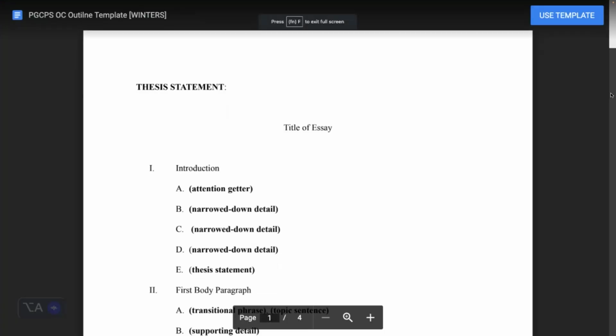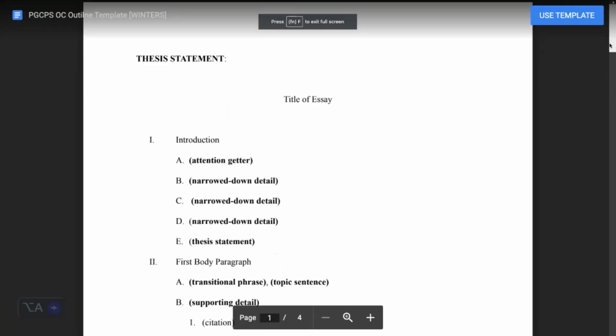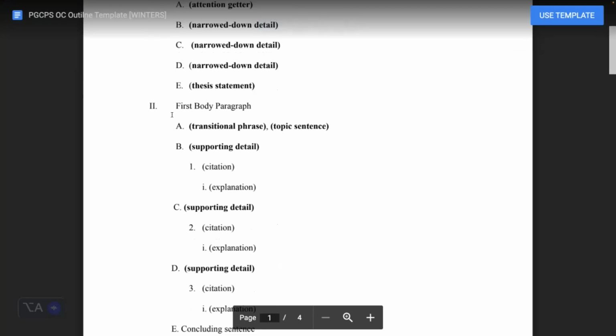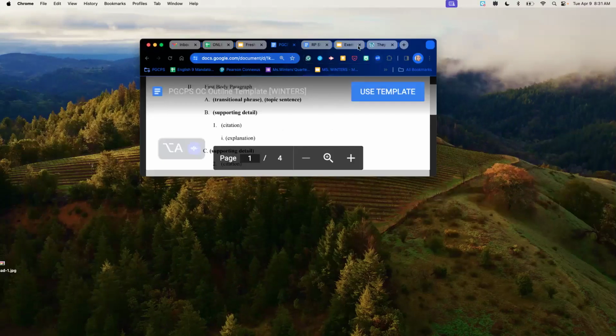I'm going to go ahead and take this down, but you should be using this template within your outline. And just to be clear, the PowerPoint actually is parallel to the outline. A supporting detail is the same thing as intro to evidence, and citation is the same thing as evidence. Your outline must be neat.